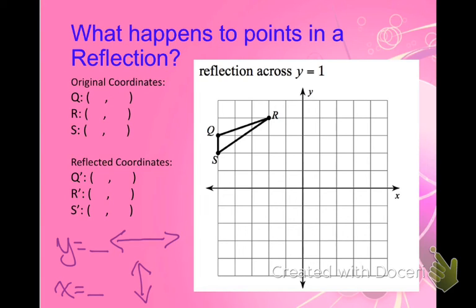So in this case, if we're reflecting across y equals 1, here is my line of reflection. This is where y equals 1, and it is just straight across. We've learned that before. So Q is at -5 and 3. R is at -2 and 4. S is at -5 and 2.